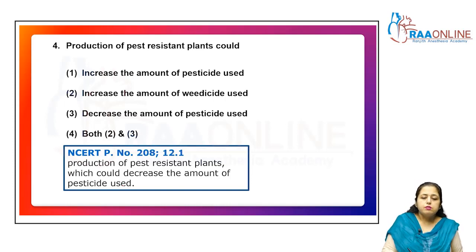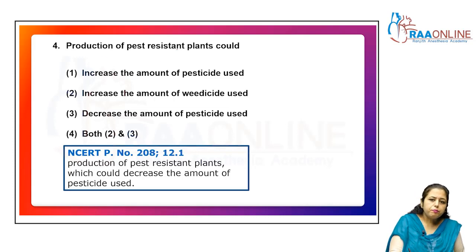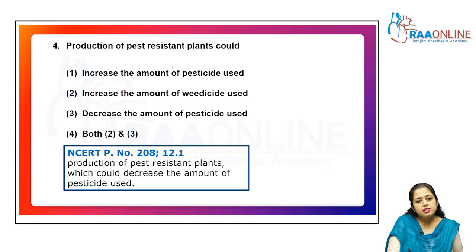Production of pest resistant plants could first increase the amount of pesticide used, increase the amount of weedicide used, decrease the amount of pesticide used, or both 2 and 3. Now, why would the production of pest resistant plants decrease the amount of pesticide used?